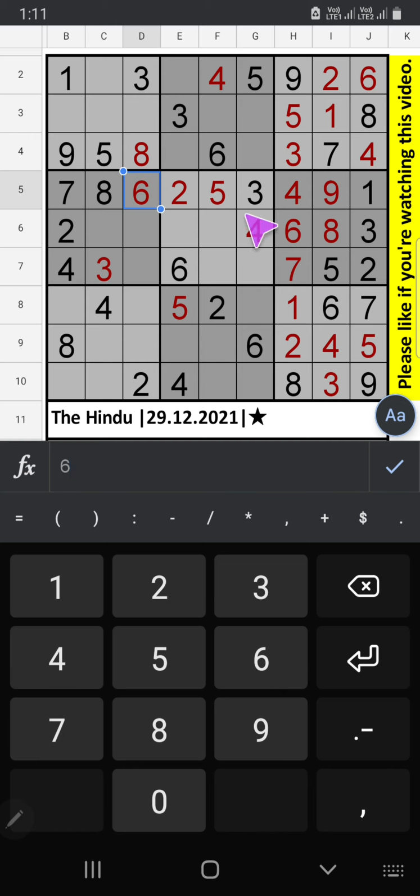Fifth row also we completed already. 4th row, two numbers are remaining, 1 and 2. We already have 2, so it can't come in this cell. 2 will be here, then 1 will be here. 6th row and 8th row, we already have 8, so it can't come in these cells. 8 will be here.